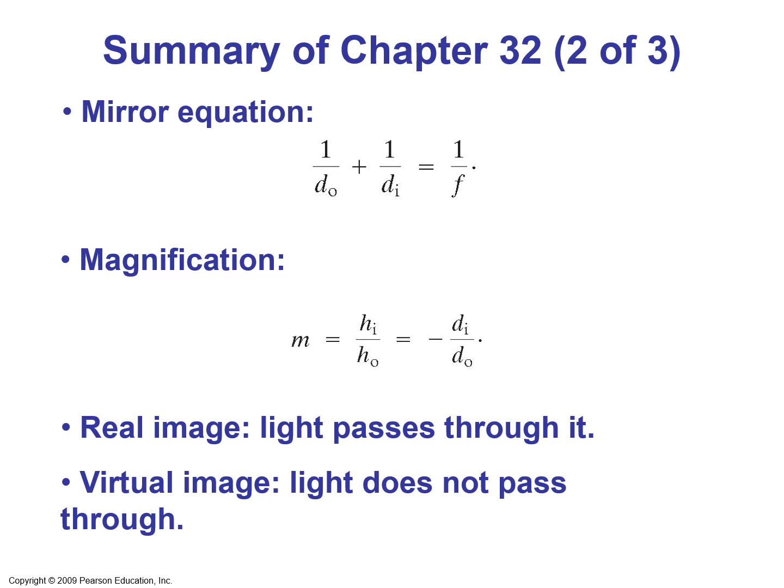Magnification is defined as the ratio between the height of an image divided by the height of an object, and is equal to minus the distance of the image from the mirror divided by the distance of the object from the mirror. Real image is light passes through it. Virtual image is when light does not pass through.